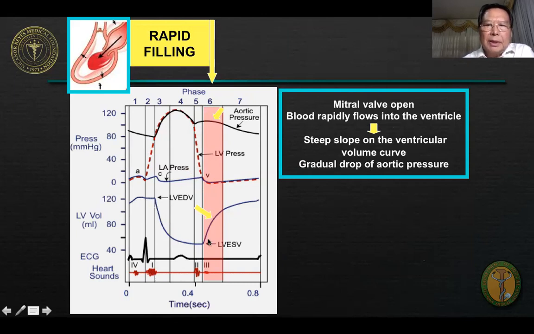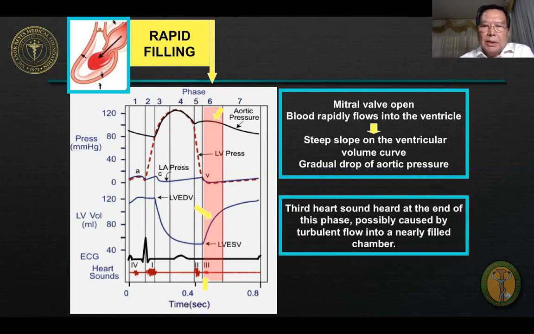Since you have an inrush of blood from the left atrium into the left ventricle, there is an increase in the volume inside the left ventricle, right? And there is somehow some small drop in the aortic pressure as noted over here, okay?